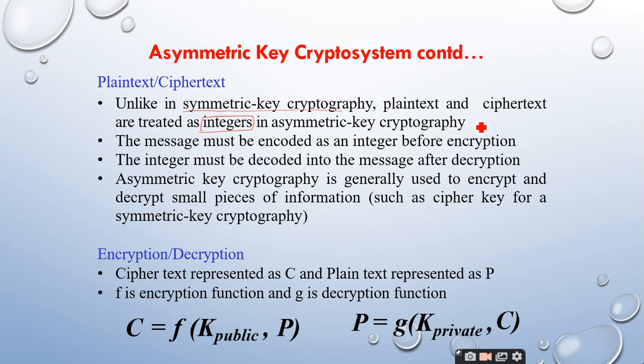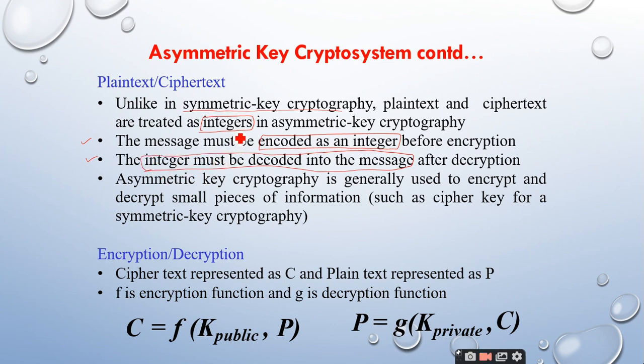So the message must be encoded as an integer before encryption. Similarly, at the decryption side, the integers must be decoded into the message. This is an extra step required in asymmetric key cryptography.